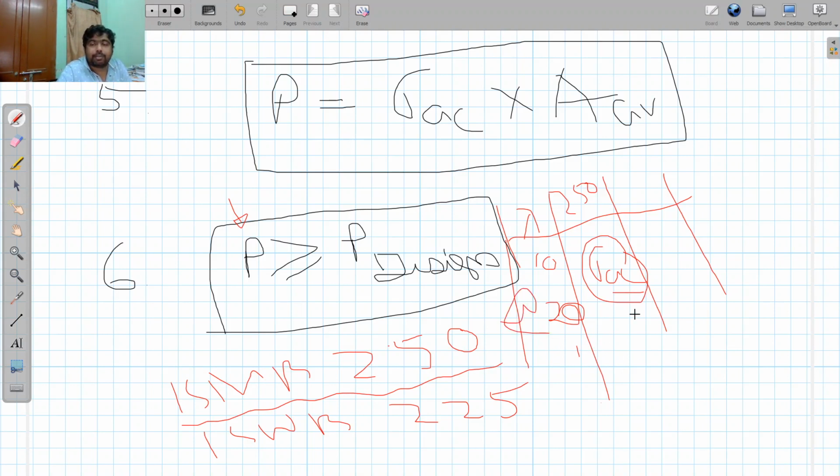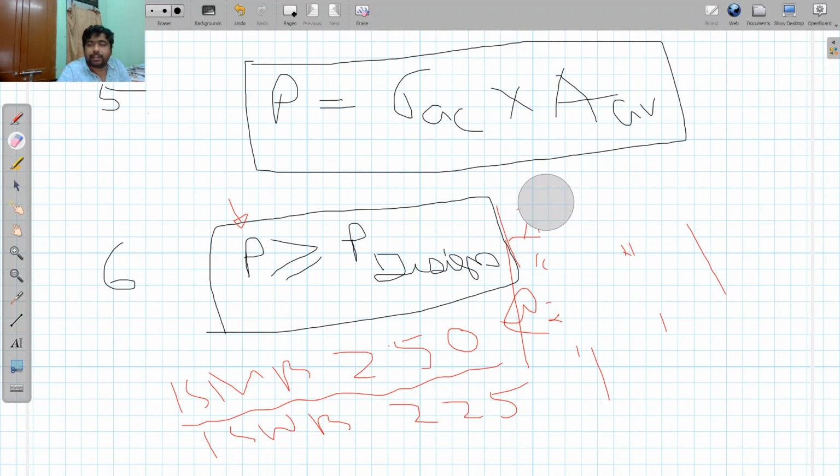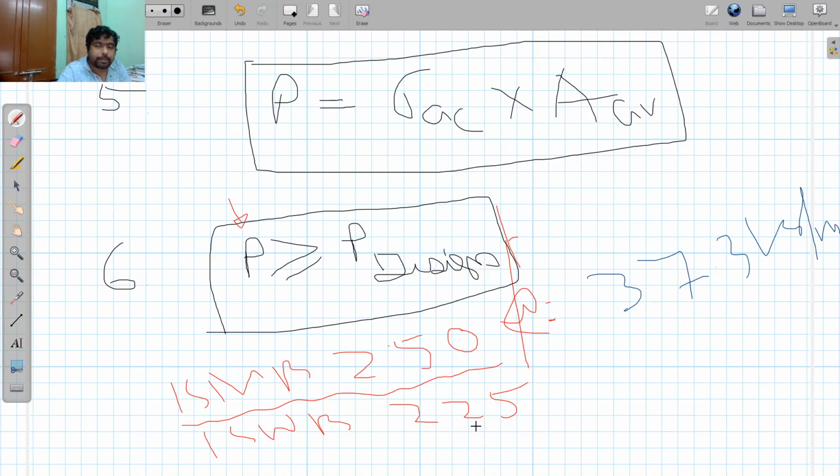Okay, if you see the code book, that is the steel table, what you will find is, in the case of ISMB 250, its weight is given as 37.3 kg per meter, whereas if you look for ISWB 225, its weight is given as 33.9 kg per meter.